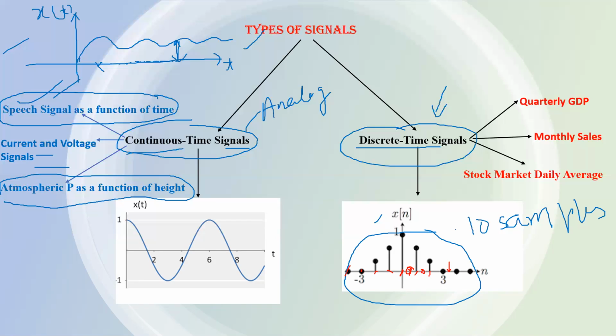Beyond these 10 points you cannot define its amplitude. So the amplitude or strength of a discrete time signal cannot be defined at each and every point.